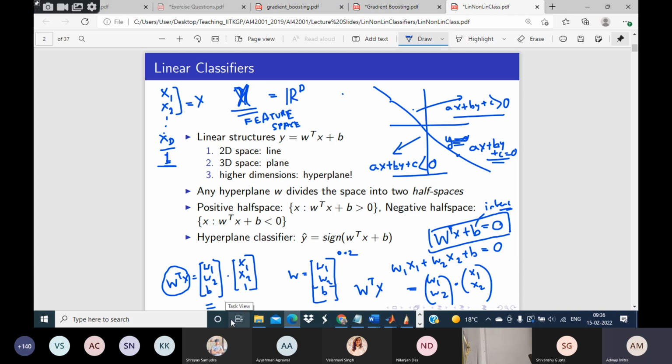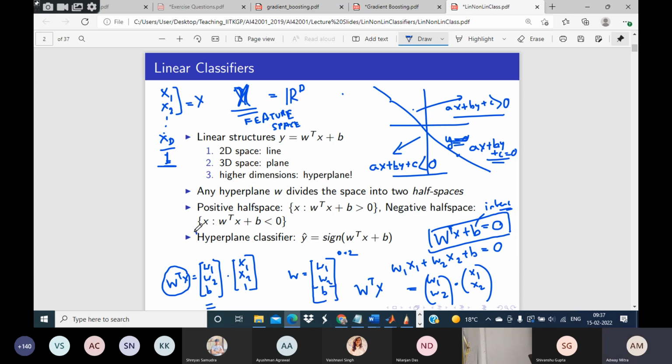Now, as mentioned earlier, this kind of linear structure divides the hyperspace into two parts: the positive half space where W transpose X will be greater than 0, and the negative half space where it will be less than 0. And for those points which are lying on that linear structure, it will be equal to 0.